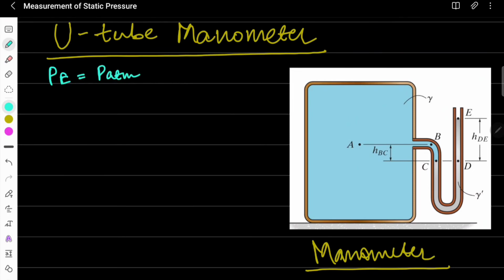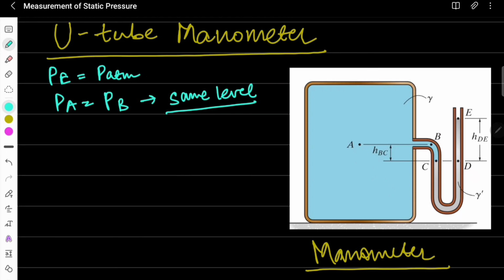Second thing which we can note is that pressure at A and pressure at B both are the same. Why is it happening? Because they are on the same level, and also the same liquid is there. Another point is that the pressure at point C and pressure at point D will both be the same, because this is the same liquid and also at the same level.